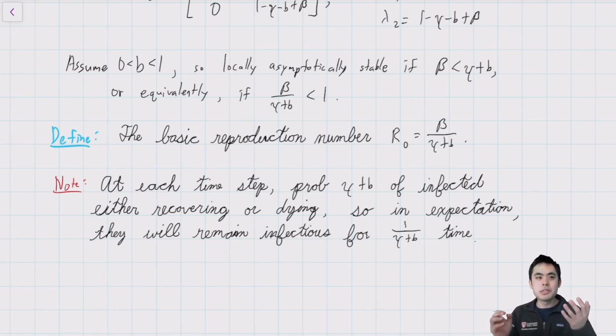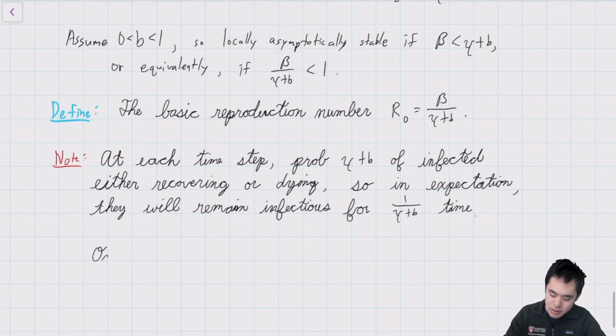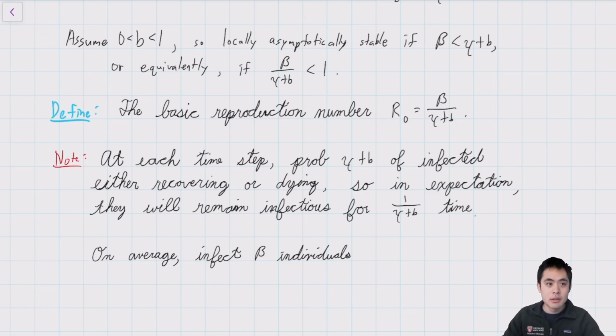Okay, so 1 over gamma plus b is the amount of time they remain infectious, and on average, they infect beta individuals in each time step if the number of susceptible individuals is close to 1, if S over n is close to 1.